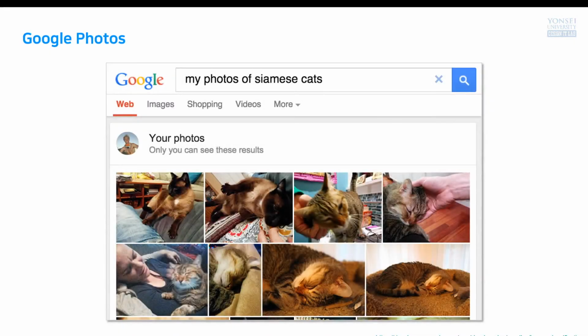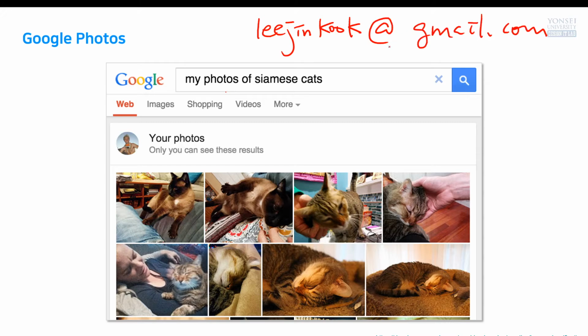So that's why my email address is Kook at Yonsei University, as well as this one. Someone sent email asking something about classes or something. Anyway, this is my Gmail account.